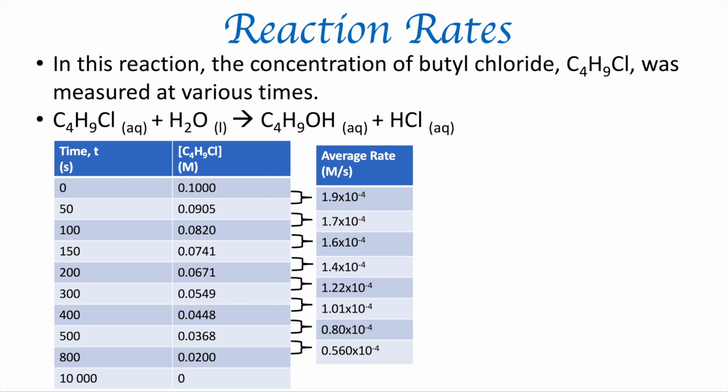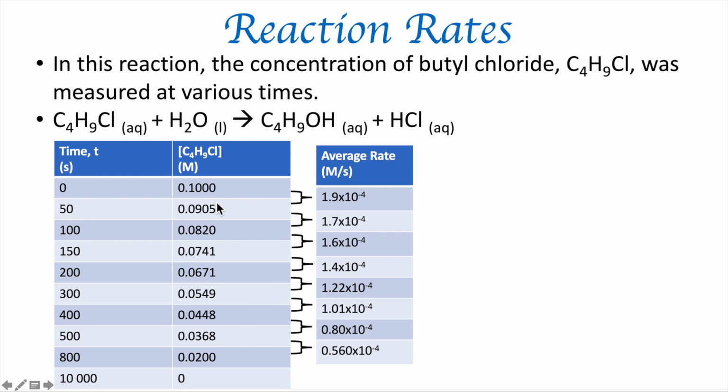So in this reaction, the concentration of butyl chloride, which is C4H9Cl, was measured at various times. Every 50 seconds, the concentration of this butyl chloride, if you remember, the square brackets mean concentration of. The unit here is most often going to be molarity, which is moles per liter.